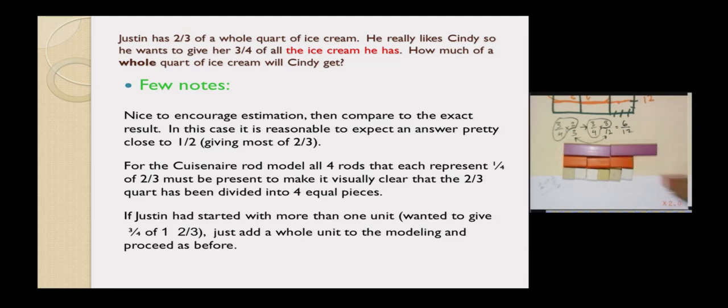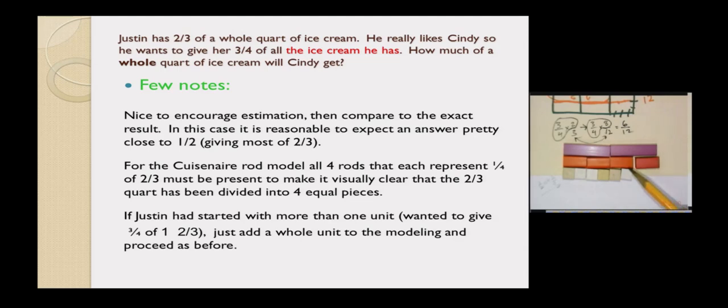Some people will say, well, I don't need that one in there because I'm not measuring it. But the question would be, well, then what does this block represent right here? And the kids might say, if they really know what they're doing, well, that's 3/4 of the 2/3. I say, well, how do you know it's 3/4 of the 2/3? And they will immediately put this back up here and say, well, because it takes 4 of them.